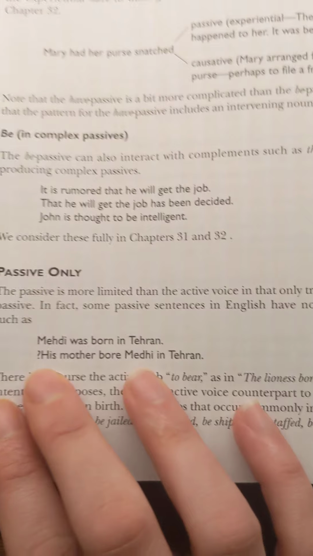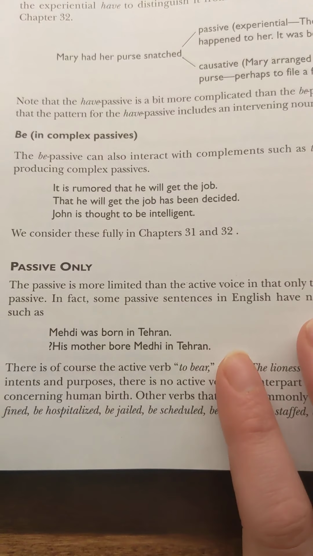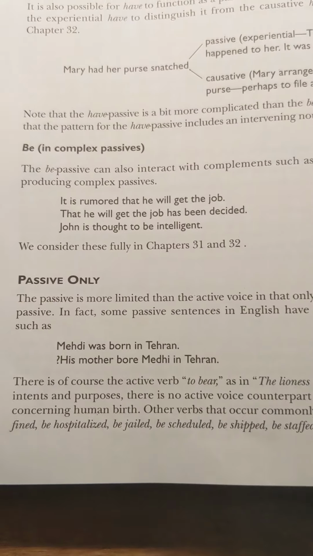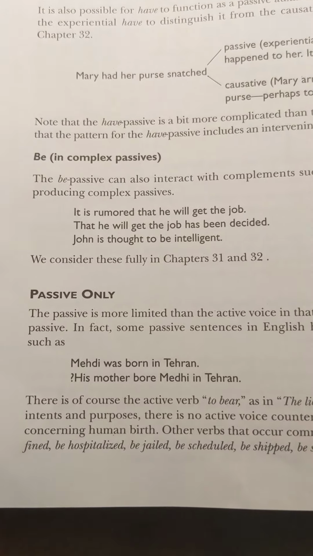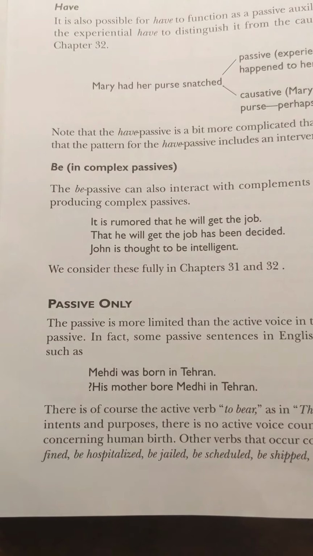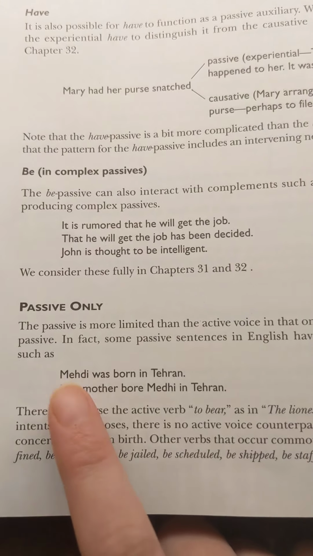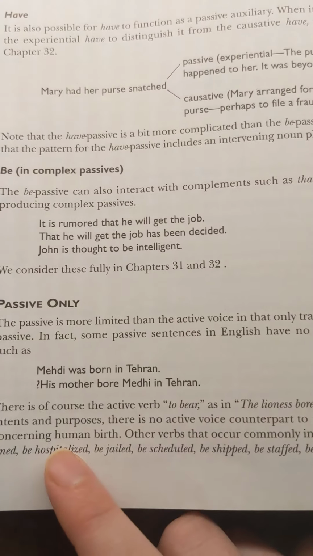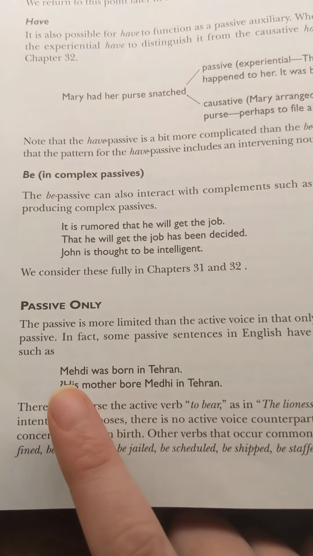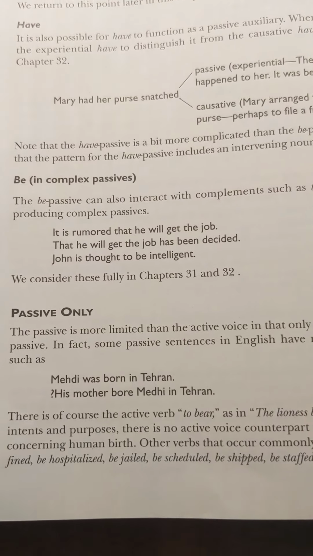And in fact, some passive sentences cannot be said in an active way that sounds right, such as being born. We would say that so-and-so was born somewhere. We wouldn't say that their mother bore them in a place.